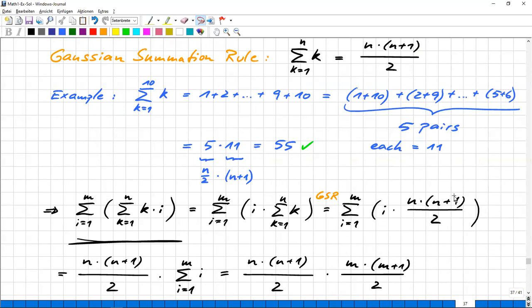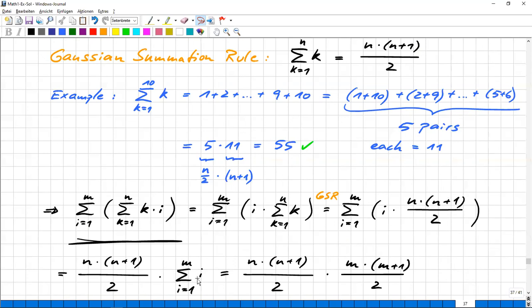And then since this is not dependent anymore of i, just dependent of n, it's the same thing. We can put this common factor of all these terms inside. Every single contribution of this sum contains the same factor, n times n plus 1 over 2, and this one can be taken outside this time, outside of the whole summation.